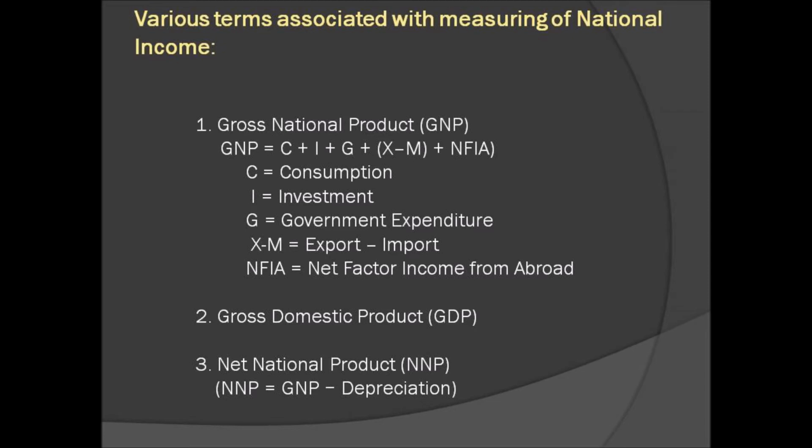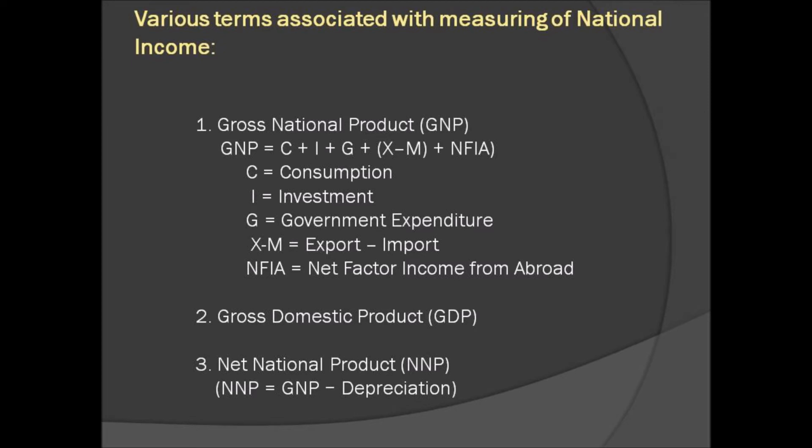The formula for calculating GNP is consumption plus investment plus government expenditure plus the difference between export and import, plus the net factor income from abroad. When you look keenly into this formula, it is similar to the formula we use for calculating GDP.